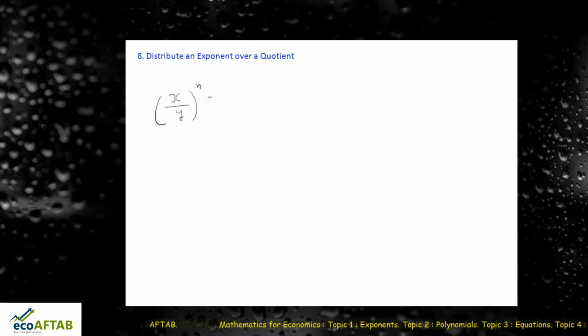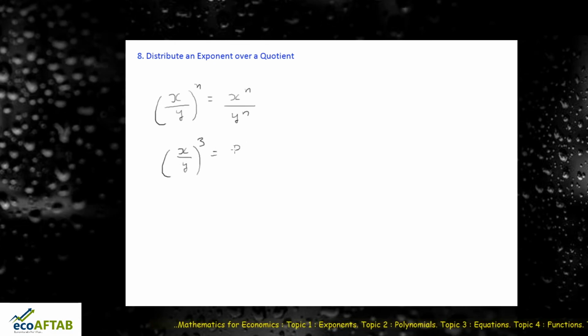It can be written as x raised to n divided by y raised to n. For example, if I say x upon y the whole cube, it means x cube divided by y cube. This is how we make use of the rules of exponents when it comes to a quotient.